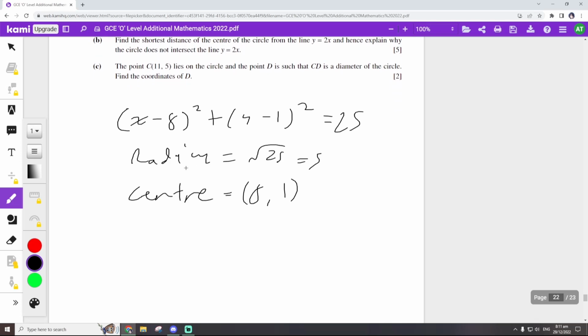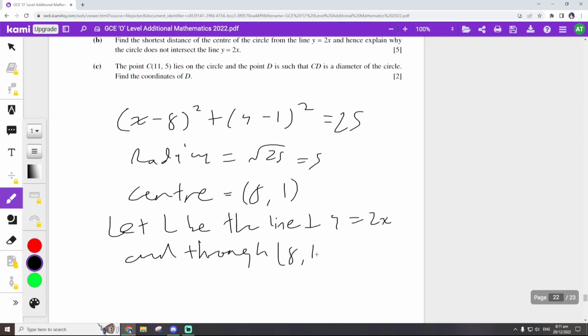Okay, well, essentially what we're going to do is let L be the line perpendicular to y equals 2x and through the point 8 and 1.